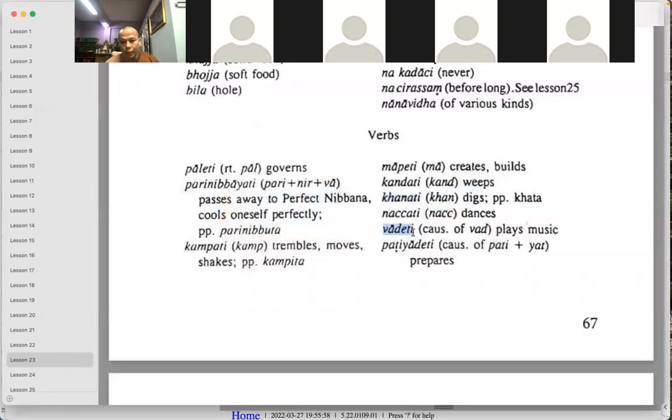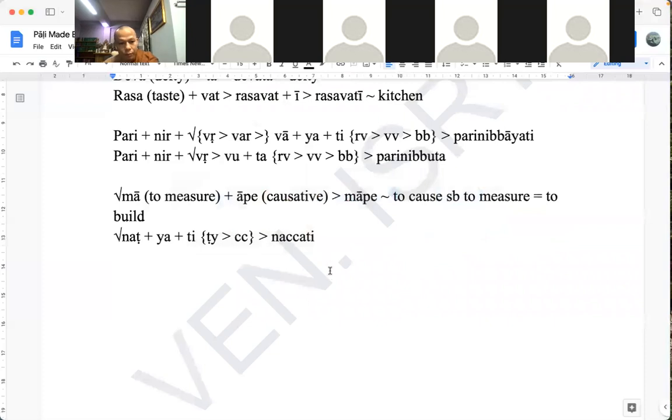So Najati, Wadi, the also root word. The causative sign is A. So at the time, you know, R of the root is changed to the R. A, also R. So Wadi. So actually, the meaning of the root word is maybe to speak, literally. Or the other way, we can understand to sing. Okay. But so this A is causative.